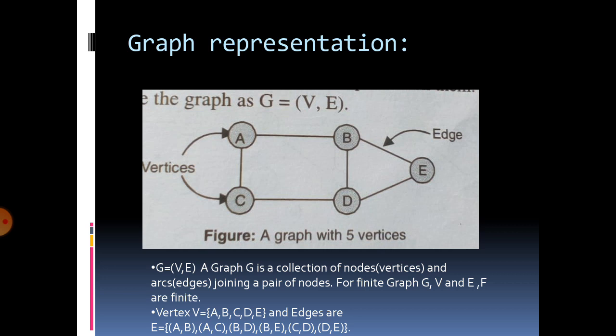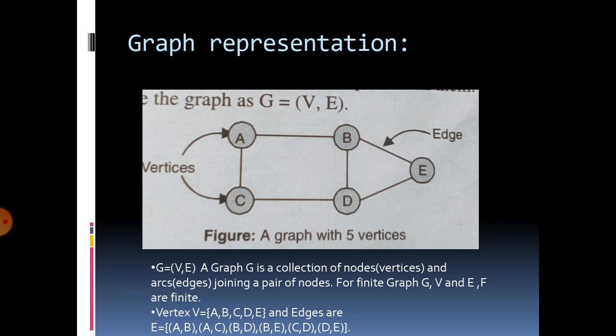What are the edges here? An edge between A and C, an edge between A and B, an edge between C and D, and edges between B and D, B and E, and D and E. Like that, the vertices V are A, B, C, D, E, and the edges are AB, AC, BD, BE, CD, DE.